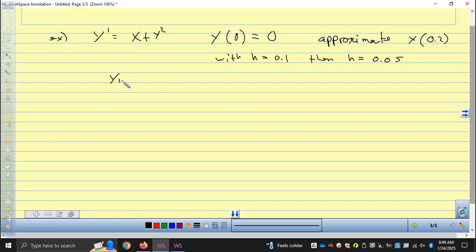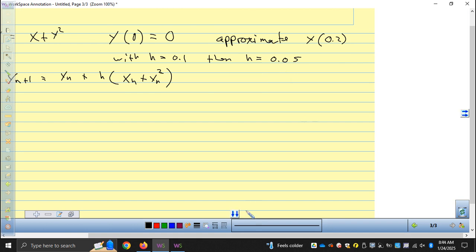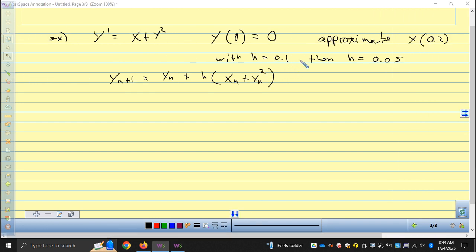So we know y sub n plus 1 is y sub n plus h times x sub n plus y sub n squared. This is what gives us our slope at any particular point. This is our function. And for the first approximation, h is always going to be 0.1. That's how far we're moving along the x-axis with each step of this approximation.